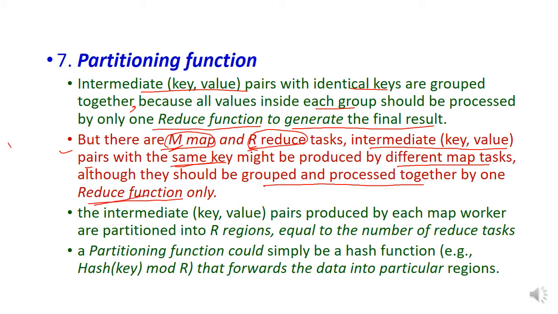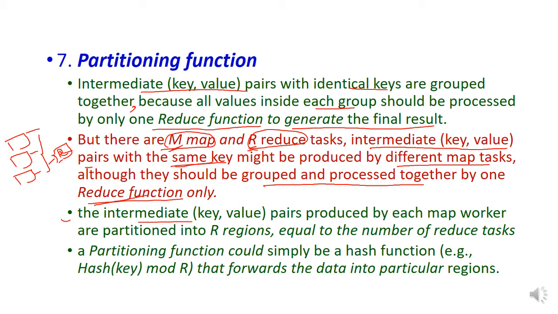Okay, so we have different map functions, and they can produce the same key value pair, and these key value pairs should be collected and grouped together, and finally given to a single reduce function.